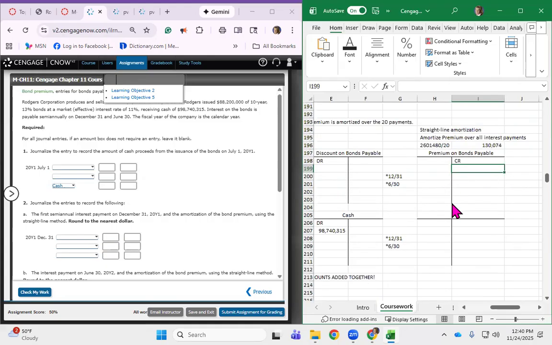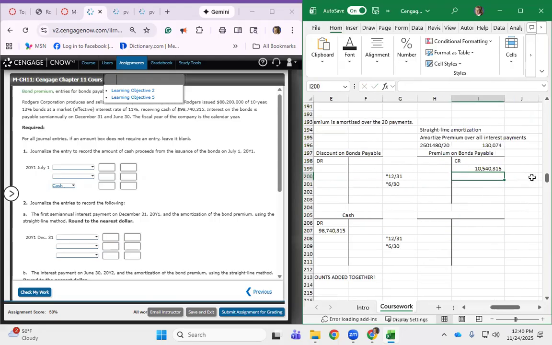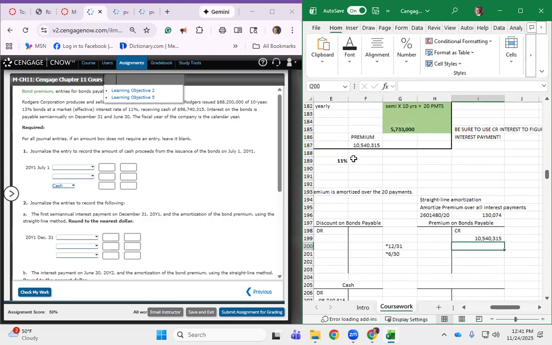The amount you need to put in there is the cash price minus the bonds payable. So I've got a premium here of 10,540,315. Yes, that's the difference that I found up here. So I'm double checking on that. One more time, my cash is receiving the cash.